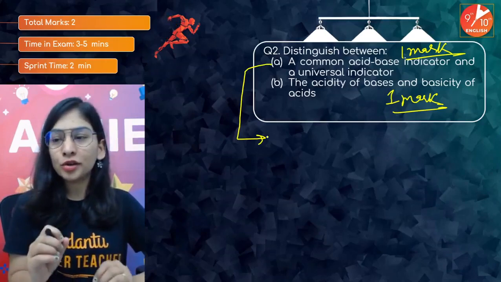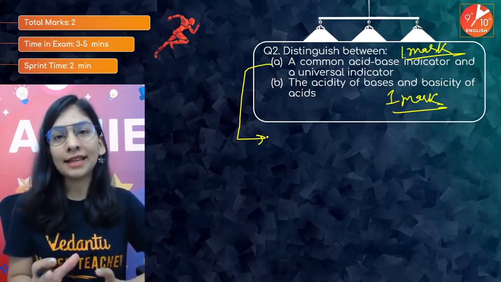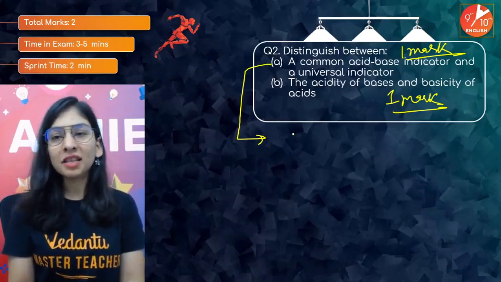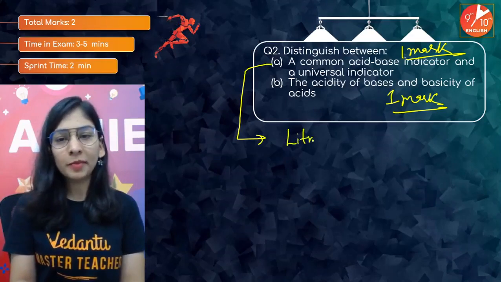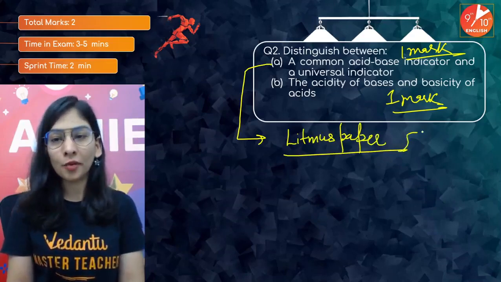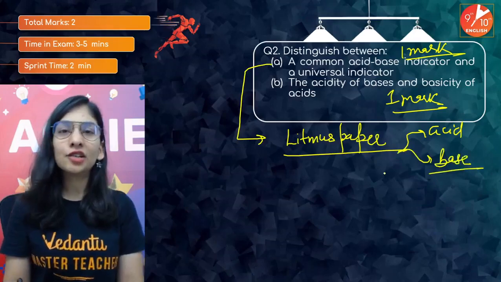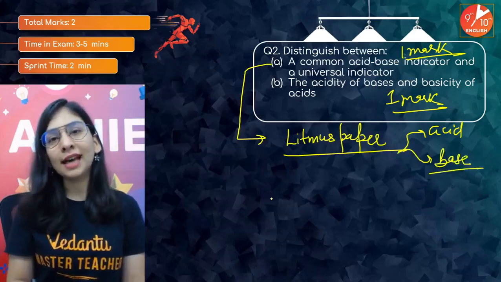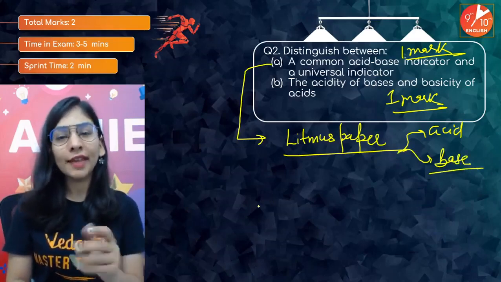That's it. Not going to talk about its strength exactly. So my common acid base indicator could be litmus paper also, and that can only tell us whether the given substance is acid or base. Either it will be acid or base depending upon the color change. If red to blue, then that's base. If blue to red, that's acid.